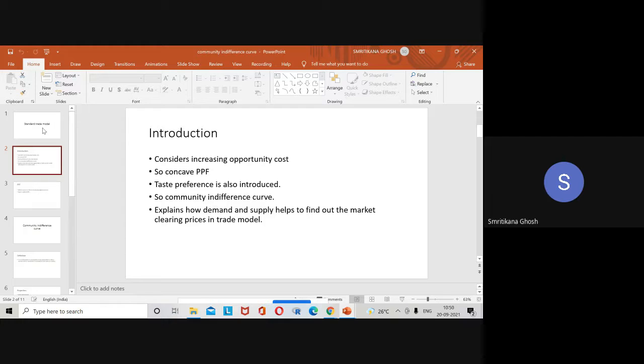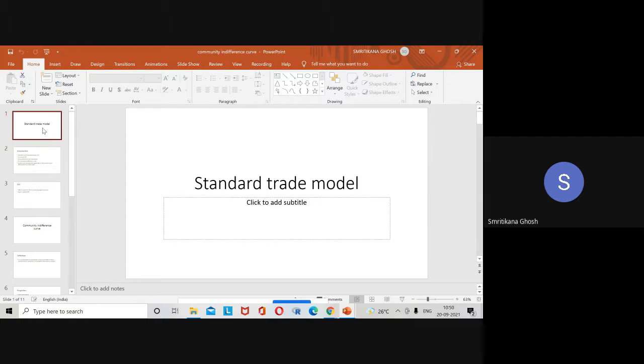Ricardo is very strict about his assumptions: only two countries, only one factor of production, PPF should be a downward sloping straight line, there should be complete specialization and all. Right. So the assumptions are very strict, but the reality is not so strict and not so clear. Then standard trade model is trying to explain the reality more.